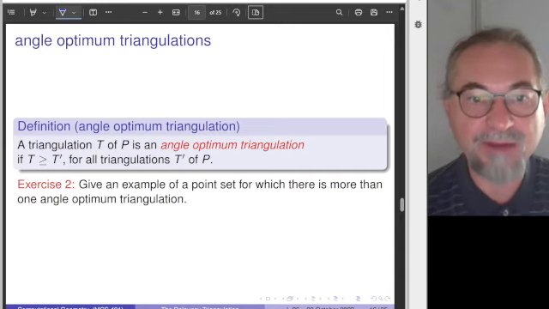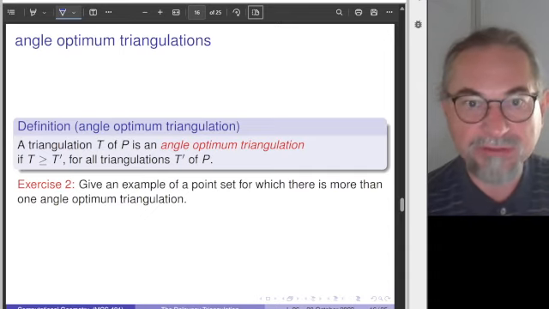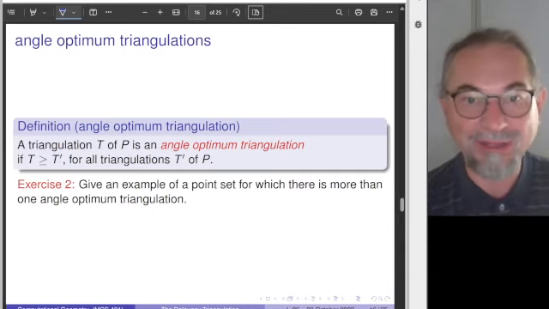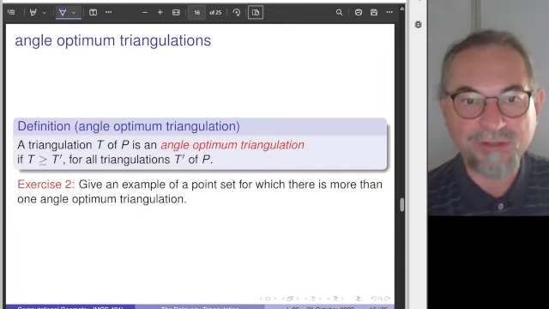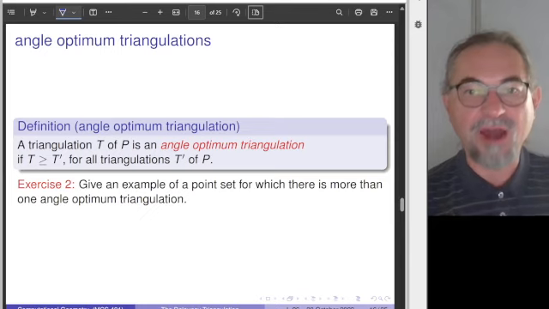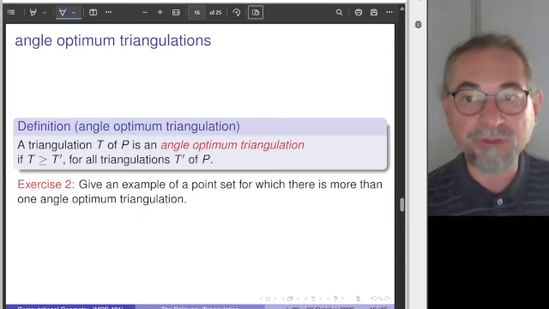So we have an optimal triangulation if that angle vector is the largest. There might be other ones. The word optimal is actually not really a good word, so it's an angle optimum triangulation. The optimum is not unique.